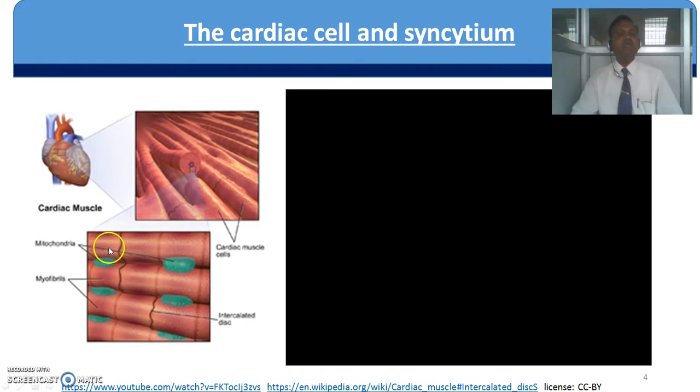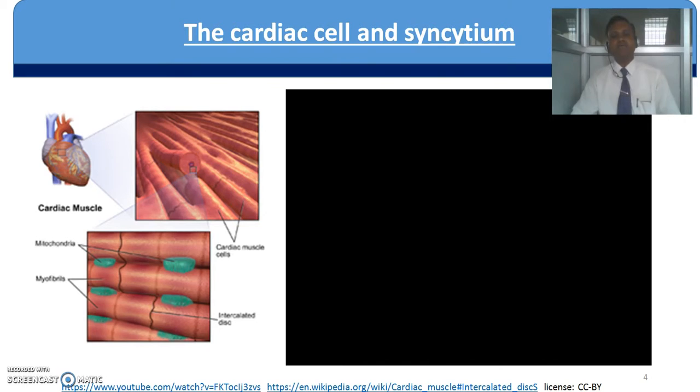Now this disc is very permeable to all sorts of ions, and because of this, whatever happens in one end of the cardiac muscle is easily carried towards the other end, or whatever happens in one part of the heart is carried easily towards the whole heart. That is the reason why we say that heart behaves as if it is a single cell containing multiple nuclei. So the permeability of the intercalated disc makes the heart behave like a single cell having multiple nuclei.